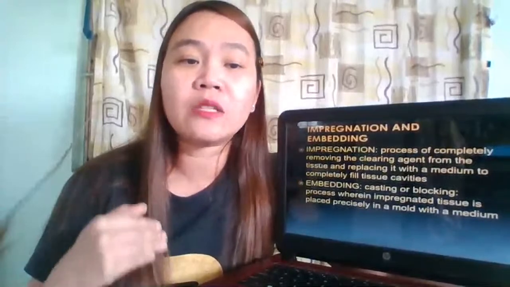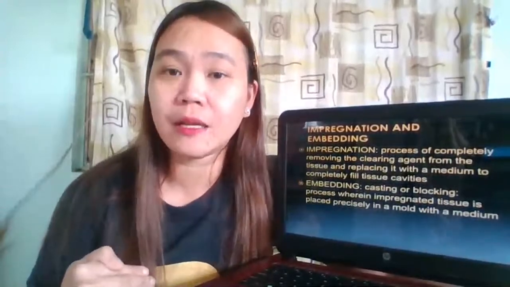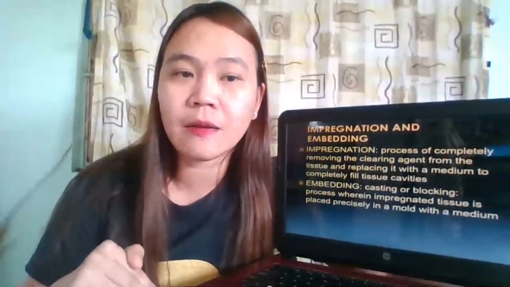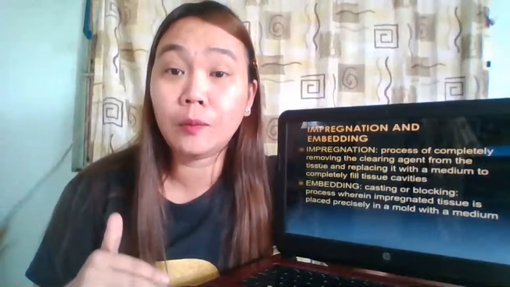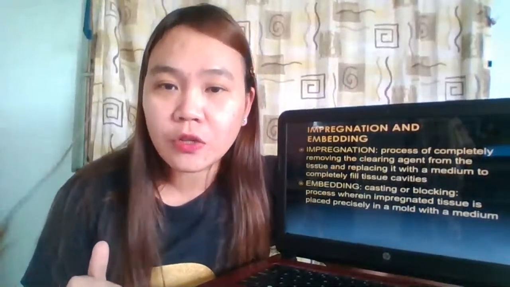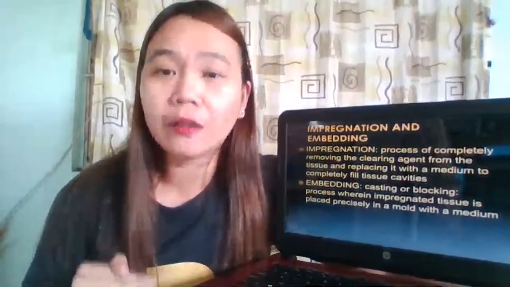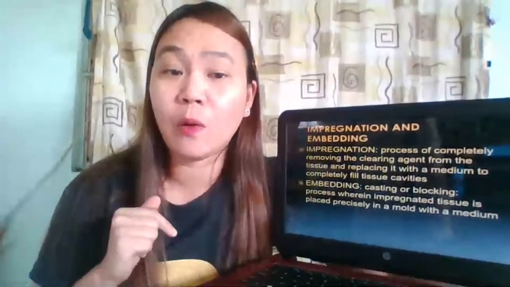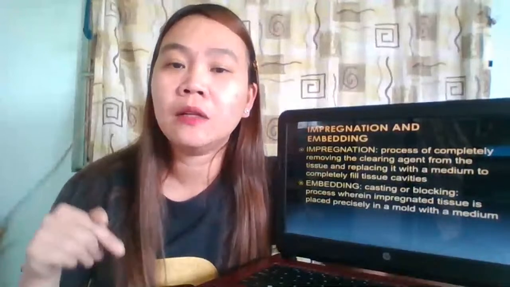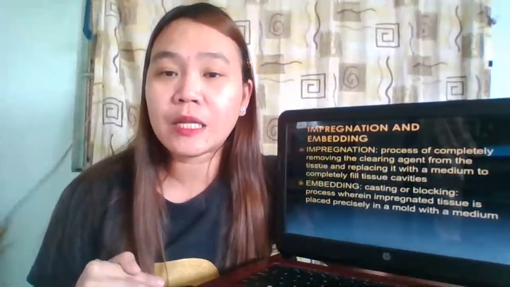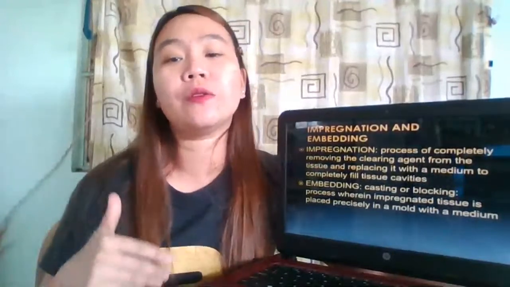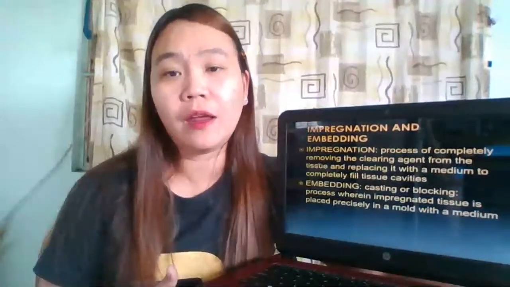It will allow us to store our processed tissue samples. This is an additional purpose of impregnation or infiltration if we consider the use of paraffin wax. So that will be for impregnation, otherwise referred to as infiltration.